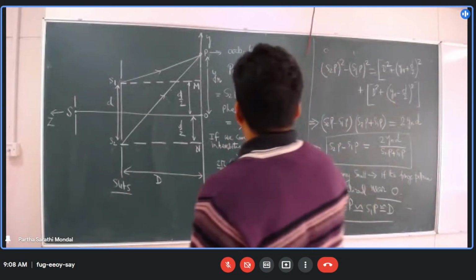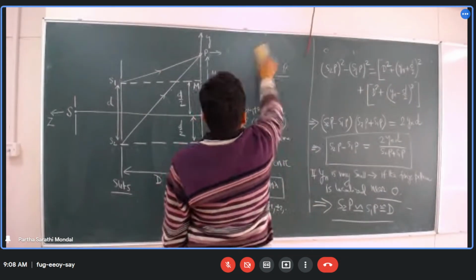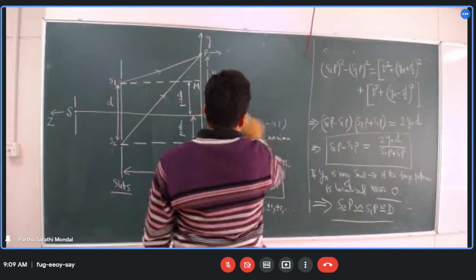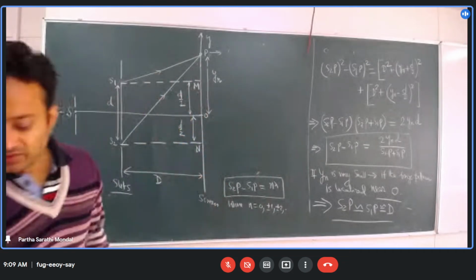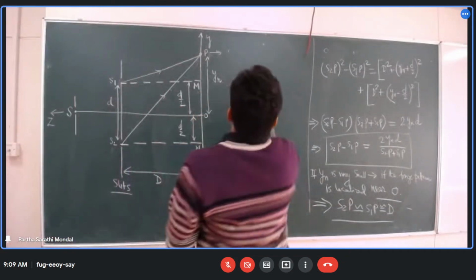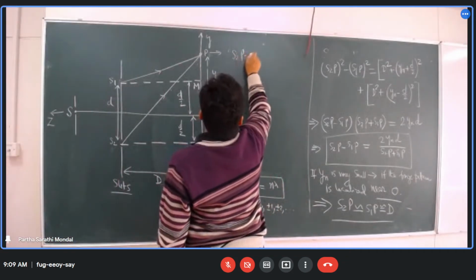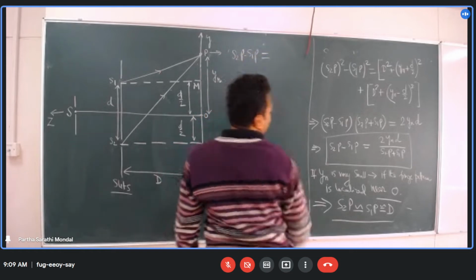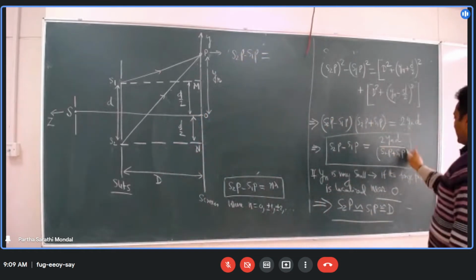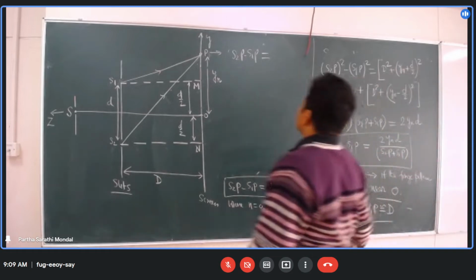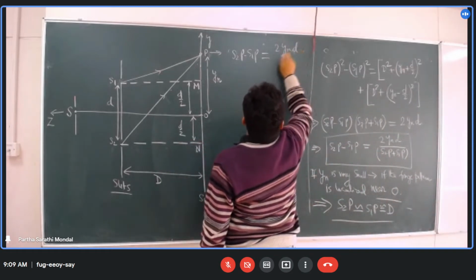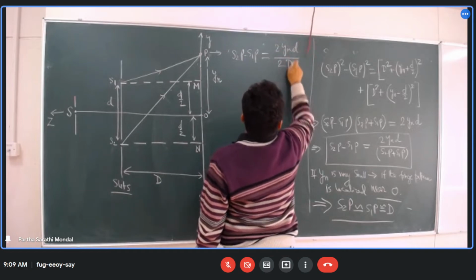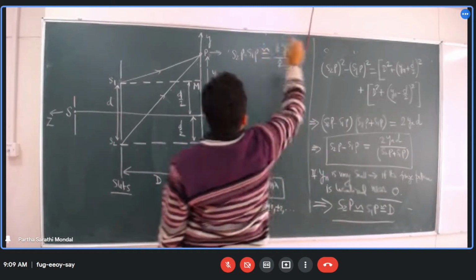So now we can put this assumption here. S2P minus S1P, if we put this here, it will become 2y divided by D plus D, that is 2D, nearly equal.